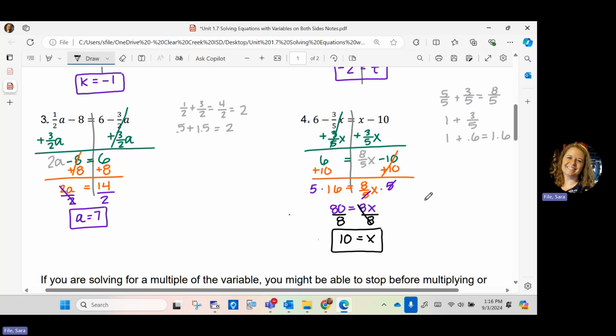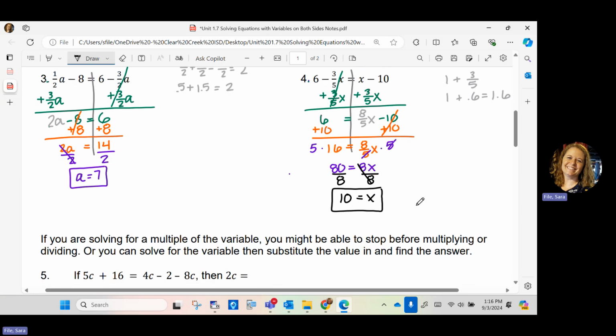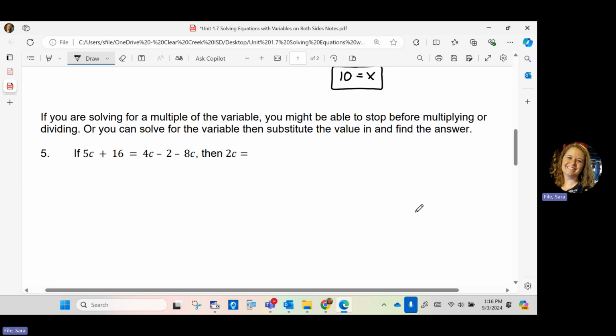Now, sometimes your question may not simply be asking for the variable. If you're solving for a multiple of the variable, you might be able to stop before multiplying or dividing, or you can solve for the variable and then substitute the value in and find the answer.